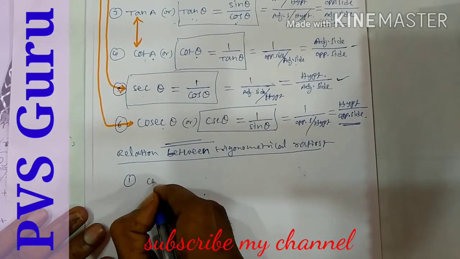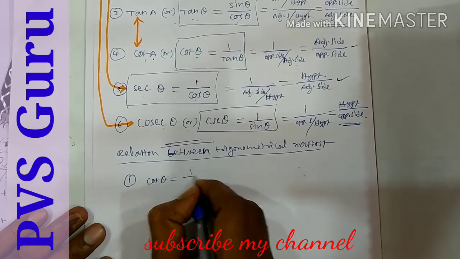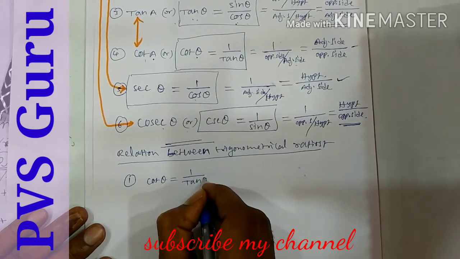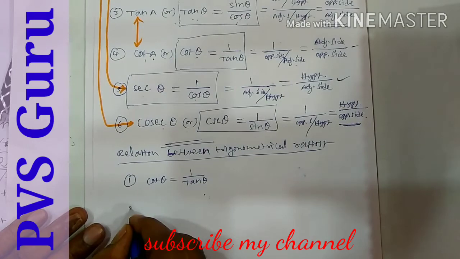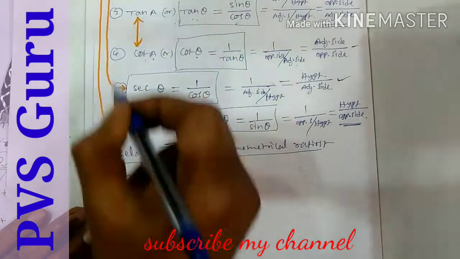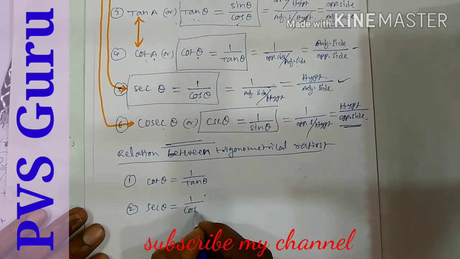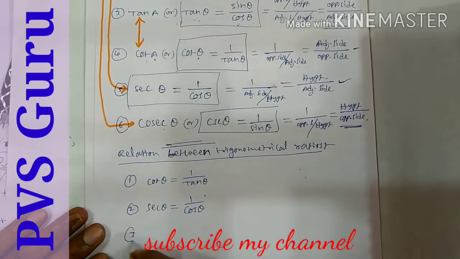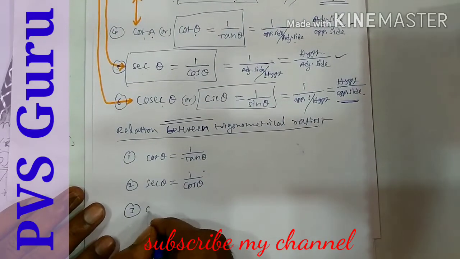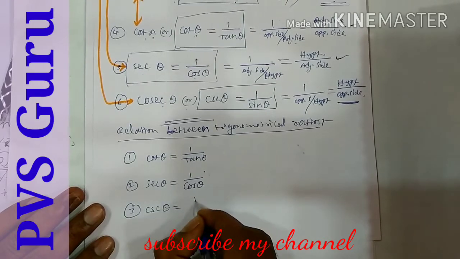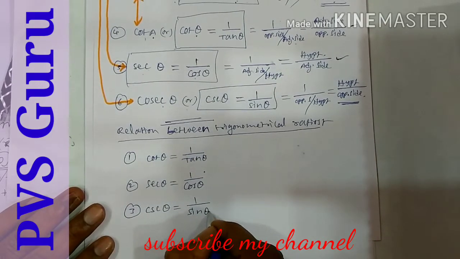So cot theta is equal to 1 by tan theta, reciprocal to each other. Second one is secant and cos. Secant theta is equal to 1 by cos theta. Third one is cosecant theta is equal to 1 by sin theta.